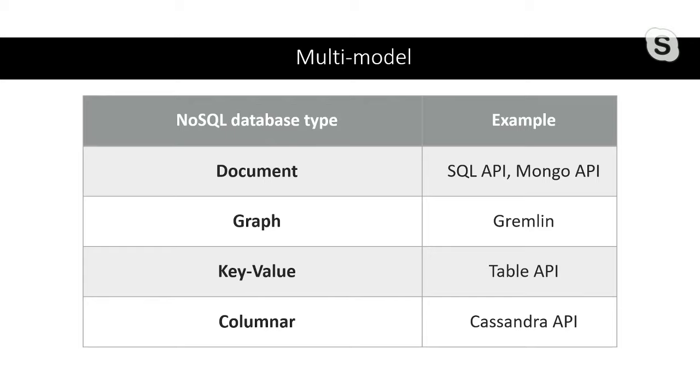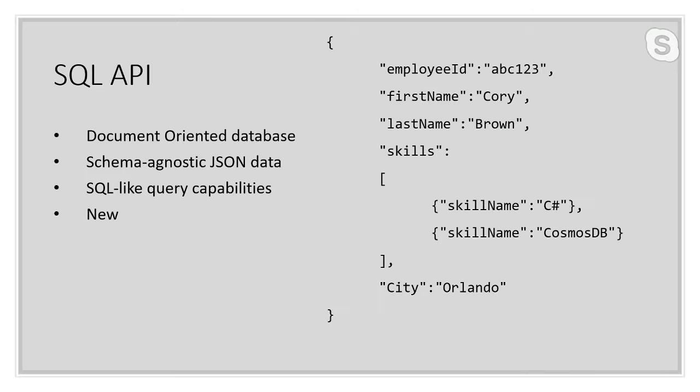Graph databases are used to store information about networks of data, such as social networks and so on. Key value pairs, you can store pairs as well. And wide column databases; Cassandra is a type of wide column database. You store the columns of data together instead of rows, and we'll talk about these in detail.